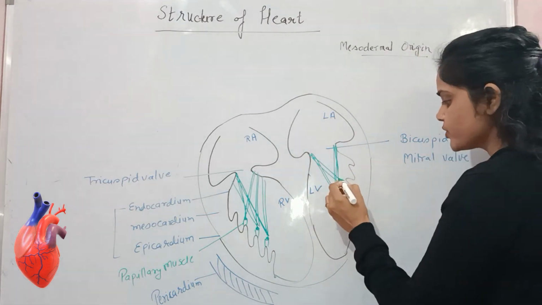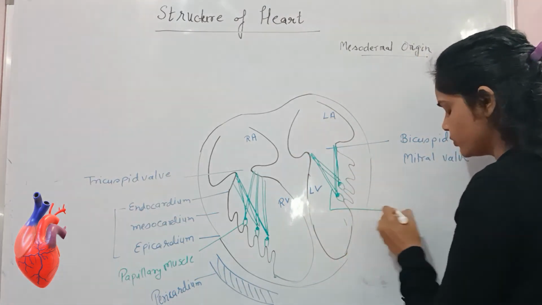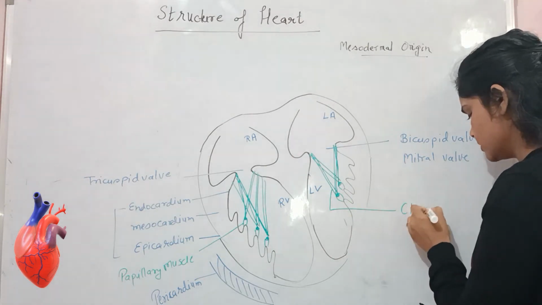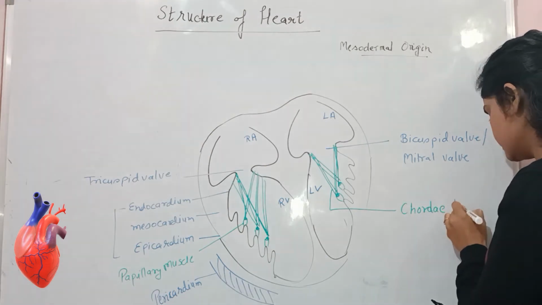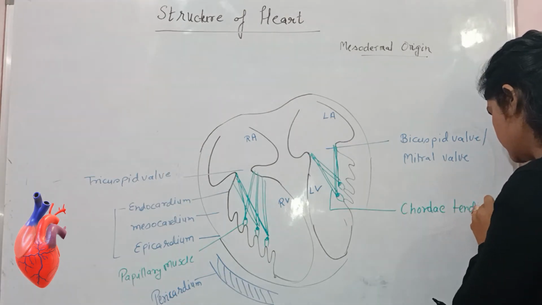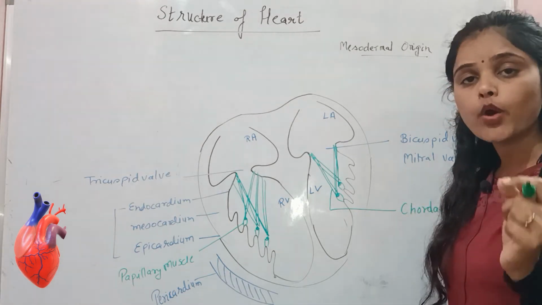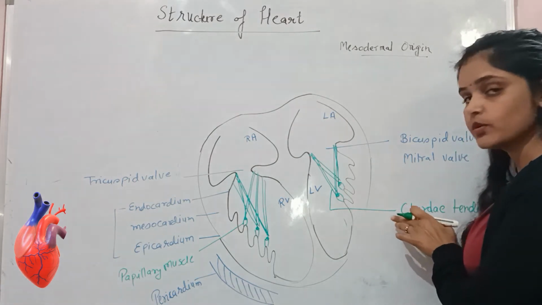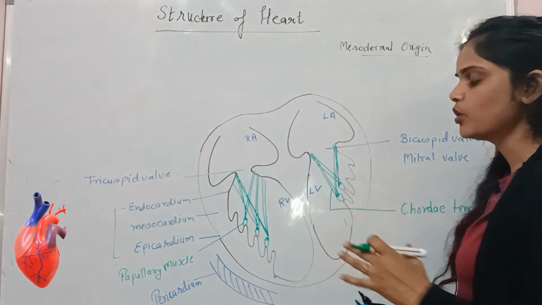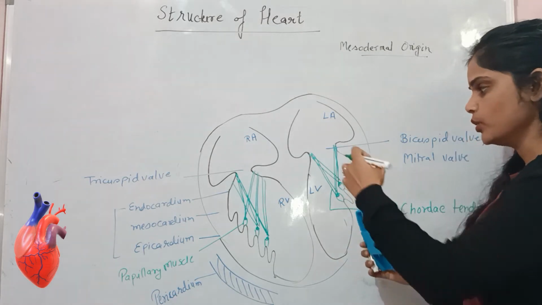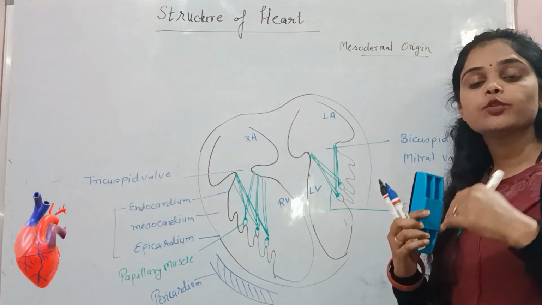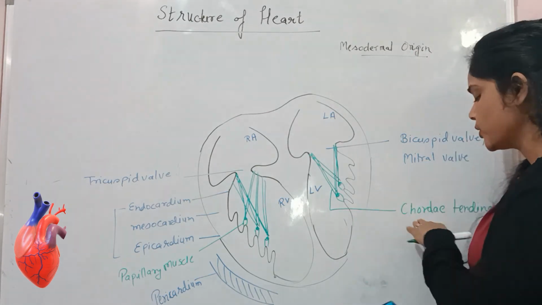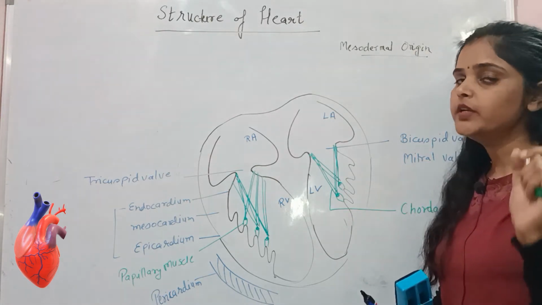This thread-like structure has a specific name, known as what? The chordae tendineae. These are threads made up of muscles which do not allow the reversal of valves. So these valves are going to stay in their particular position. They are not going to show any reversion because of the presence of these chordae tendineae.